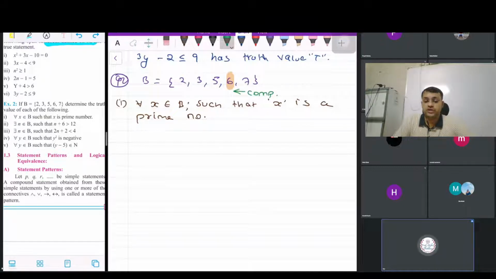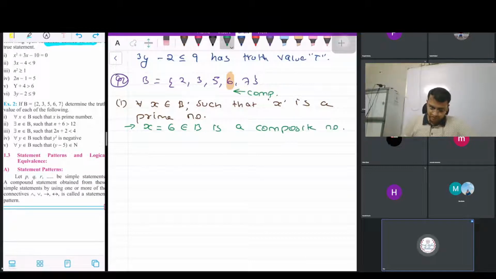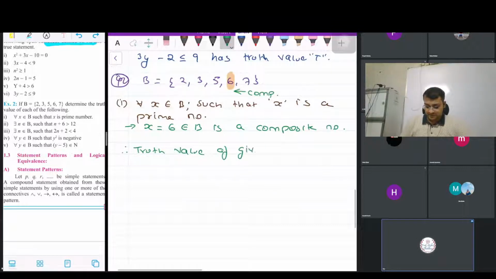Because it's a composite number, it does not satisfy the condition. So I have to write over here x is equal to 6 belonging to B is a composite number. Therefore, the truth value of the given statement is a simple F.